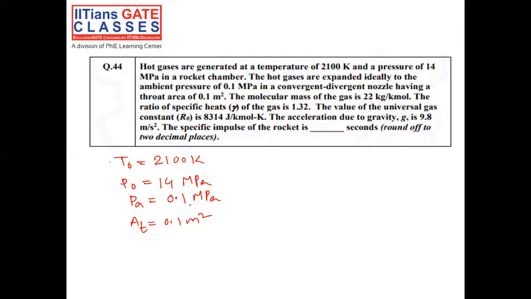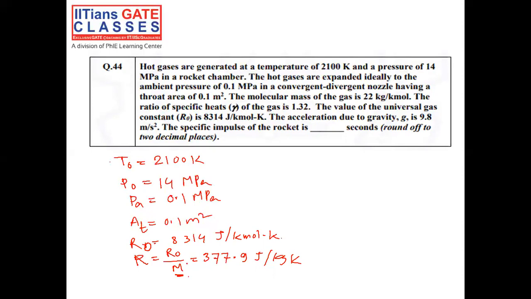The universal gas constant is given as 8314 joule. So the specific gas constant will be R naught by M, which should come to something around 377.9 joule per kg Kelvin, where M is given as 22.